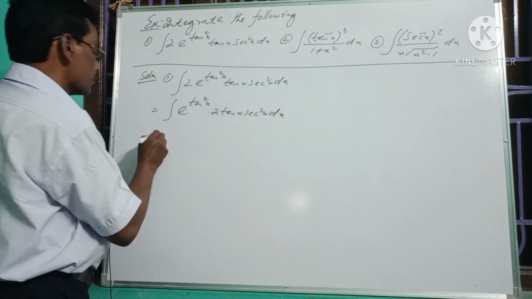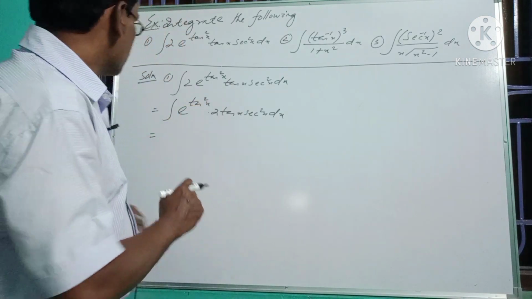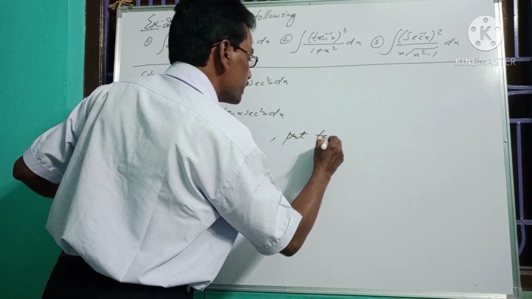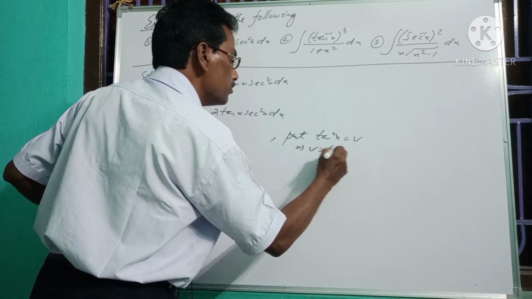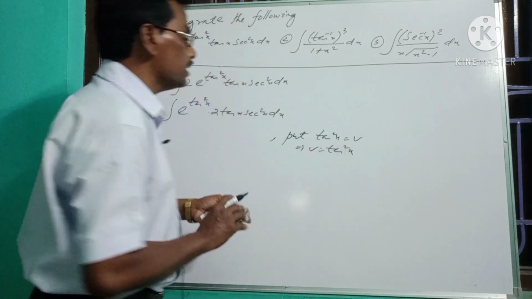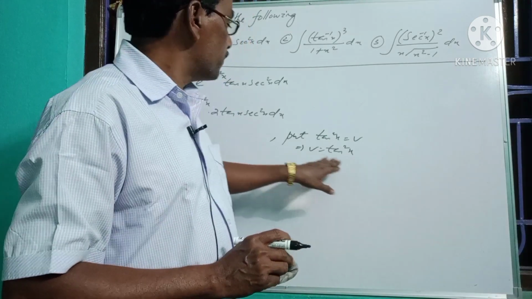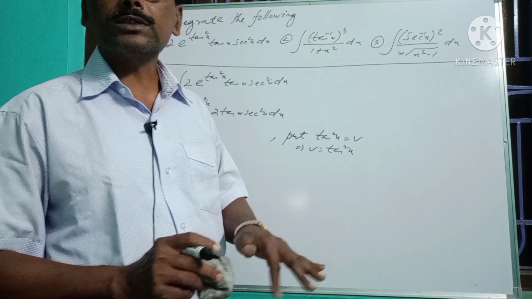Now after adjustment, let us substitute tan square x as v. So let us put tan square x is equal to v, so we have v is equal to tan square x. Here v is a function of x and tan square x is a composite function. So before differentiating, as it is a composite function, it can be differentiated by the chain rule.